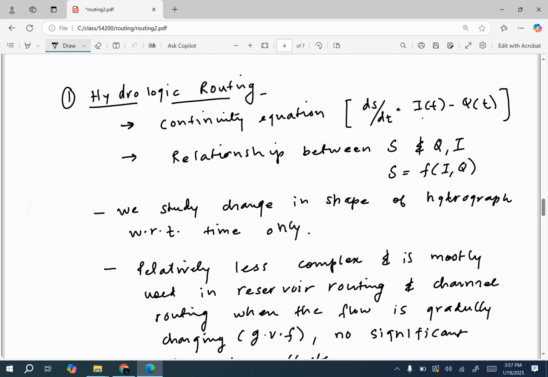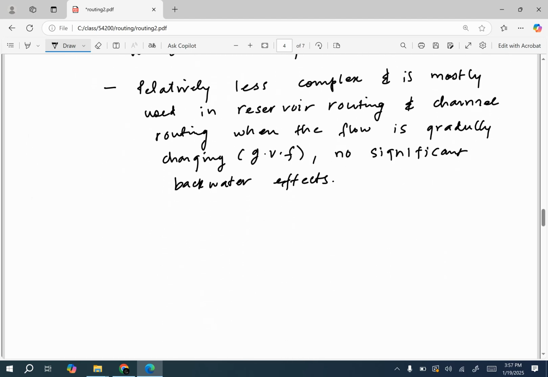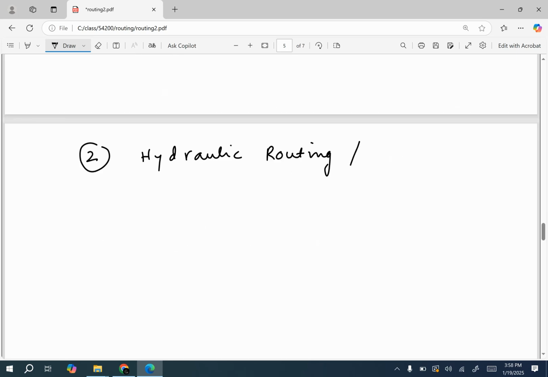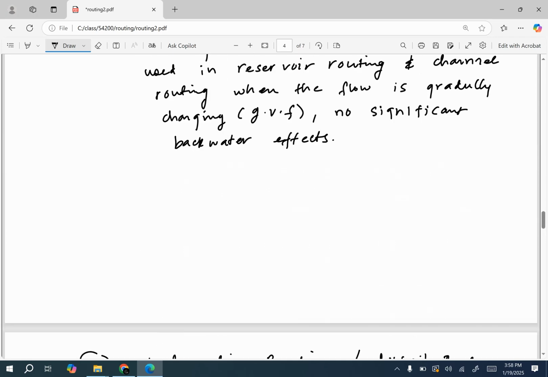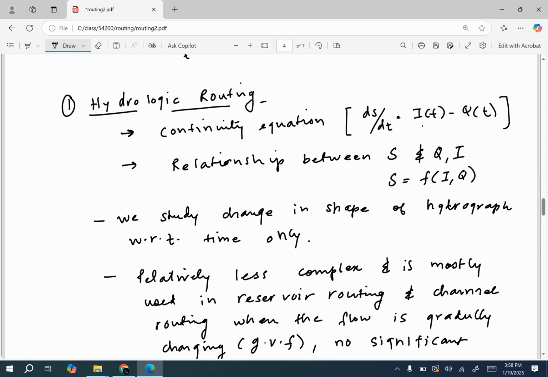The second method is hydraulic routing. Hydraulic routing is also called distributed routing, and similarly hydrologic routing is also called lumped routing.